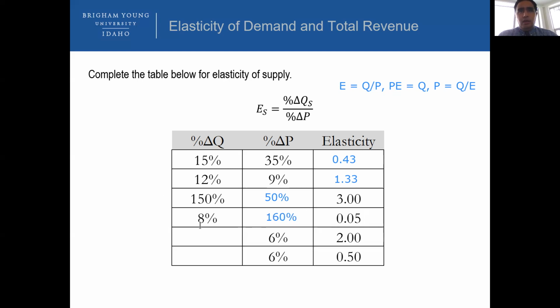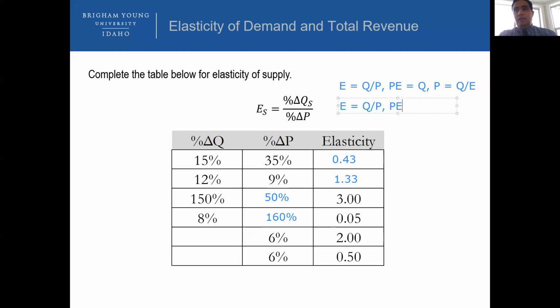And we can do the same type of thought process that we did up here, if we know what the percent change of price is and the elasticity of demand is 2, to figure out what kind of a change in quantity we can expect. Well, if E is equal to Q divided by P, and we want to isolate Q on one side, we multiply both sides by P, and it'll cancel out on the QP side.